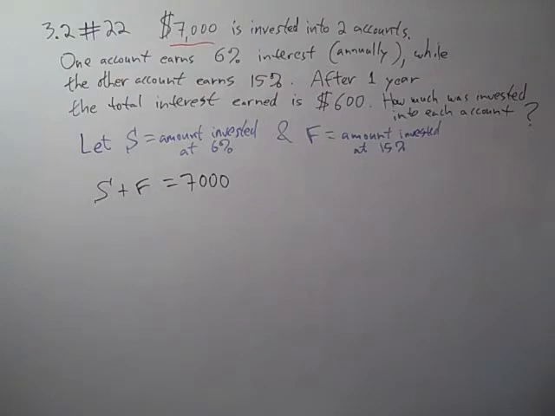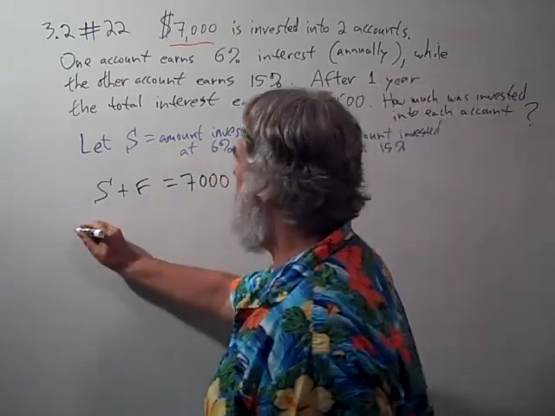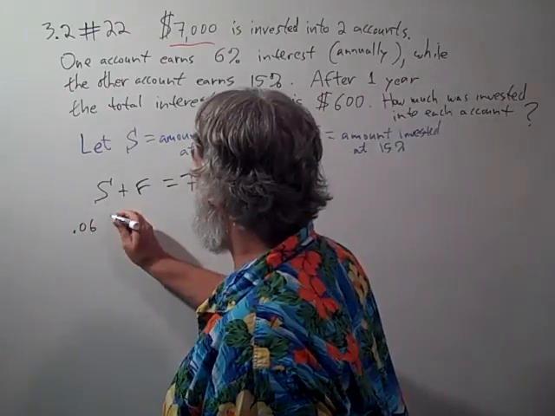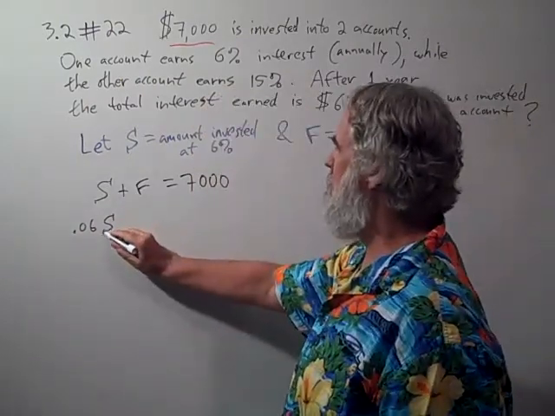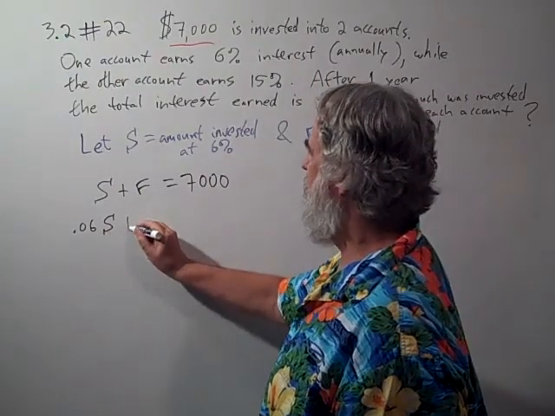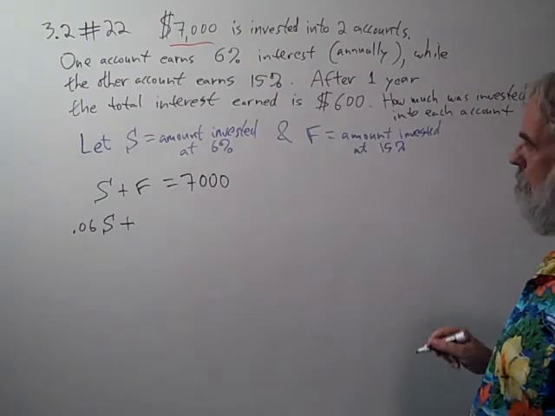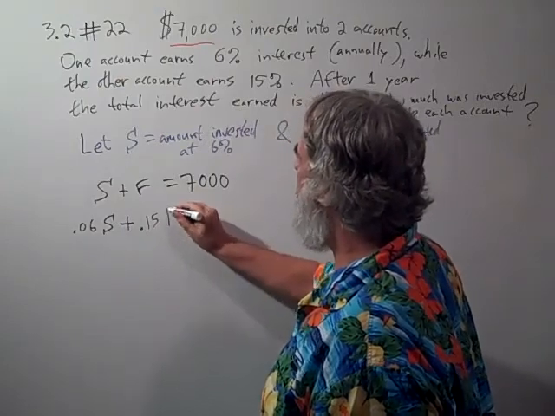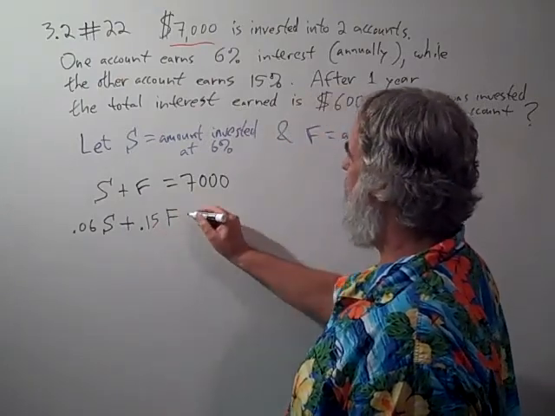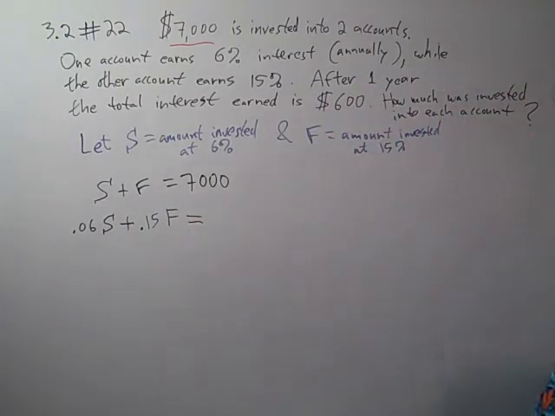The second equation we can get from looking at how much interest was earned in each of these accounts. S dollars invested at 6% is 0.06 times S. That's 6% of S. Now, F dollars here were invested at 15% interest, so 0.15 times F, which is 15% of F, is how much money you earn in interest from that pile of money.